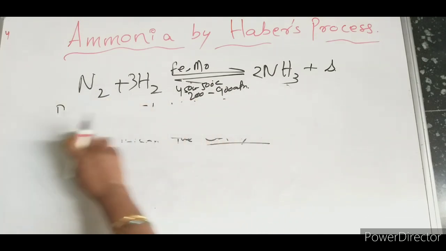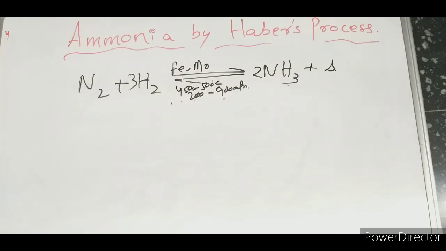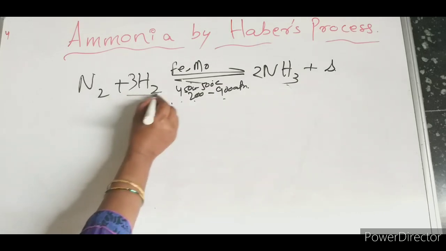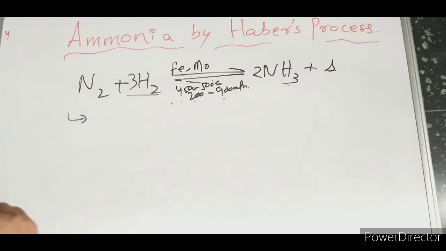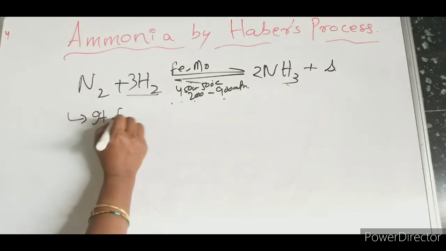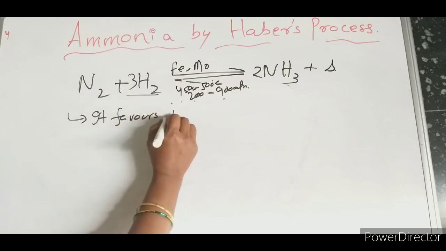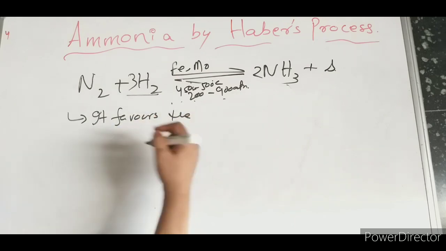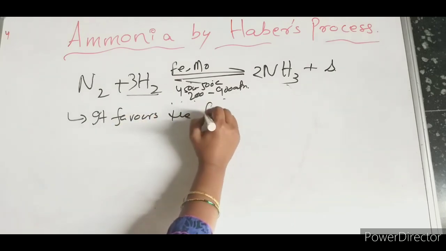Now let us see what else we use here. Under this condition, a higher ratio of hydrogen is used. The purpose of taking a higher ratio is that it favors the forward direction.